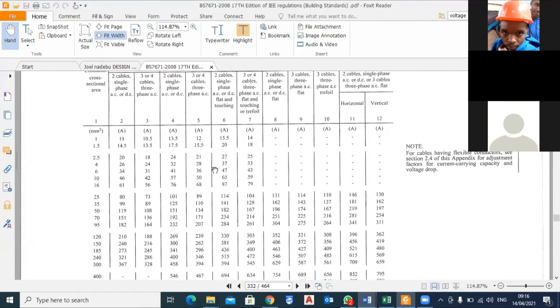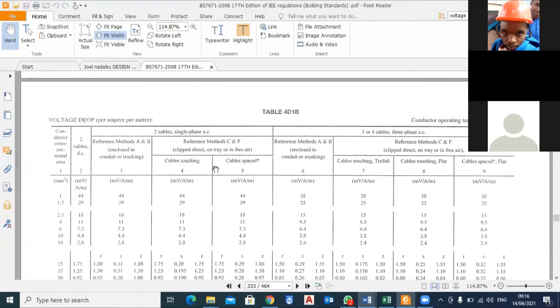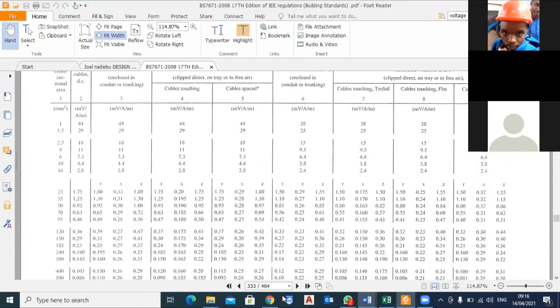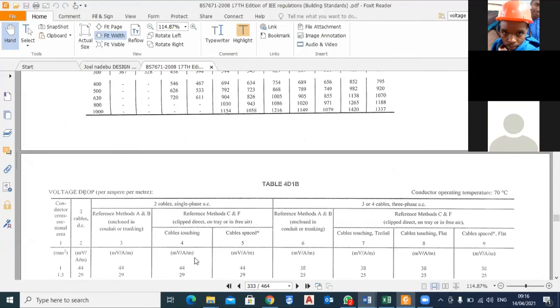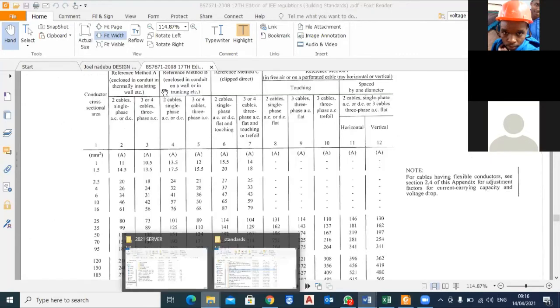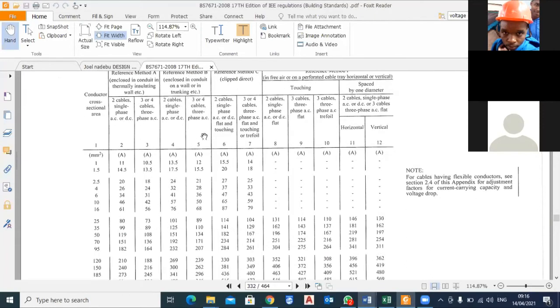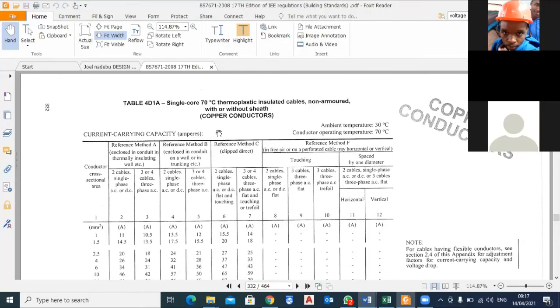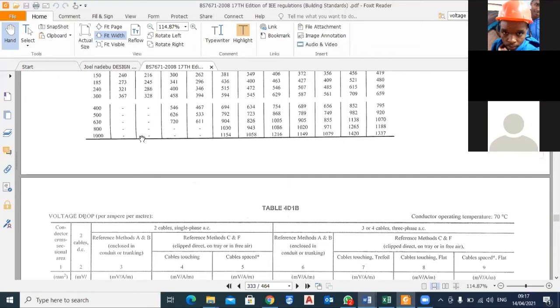I want you to calculate the voltage drops for this case. Voltage drop for this case, you need to calculate, but you'll check. You see, unaona hii table. Teremka chini, hii table yenye nafuata, hii table 4D1B.